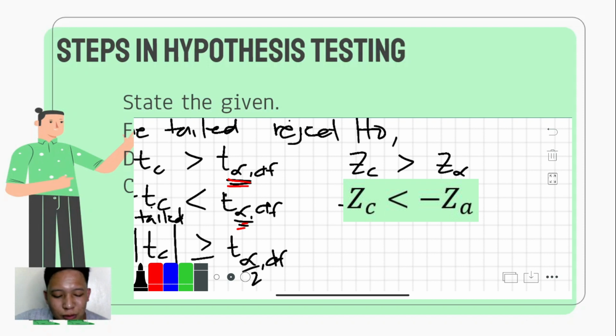Paano naman po kapag two-tailed? Kapag two-tailed naman, again, that is the absolute value of the z computed. It should be greater than or equal to z alpha over 2, kasi nga that is two-tailed. So that's how we create our decision rule.